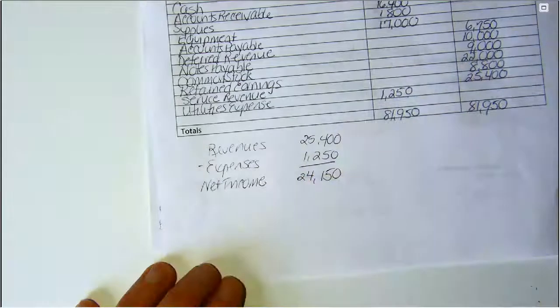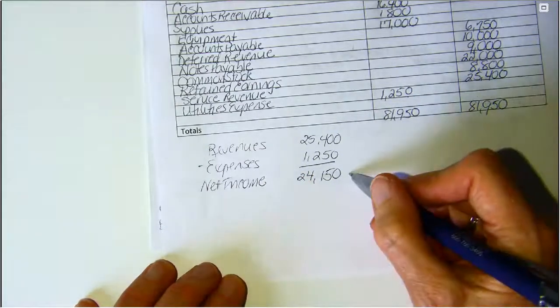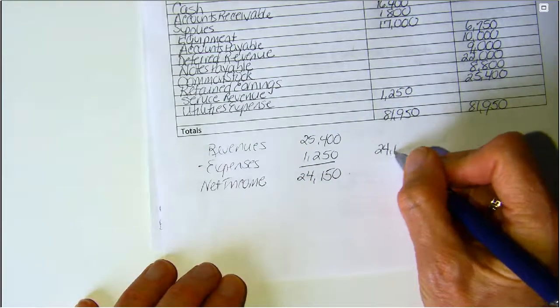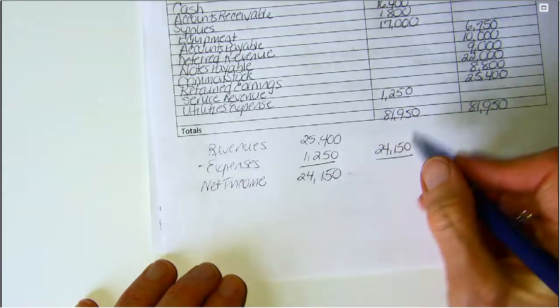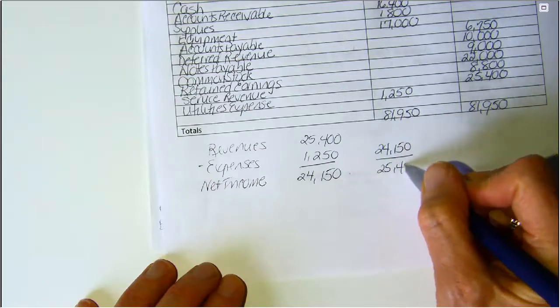To calculate that net profit margin, we would take our net income, $24,150, and divide by our total revenues, $25,400.